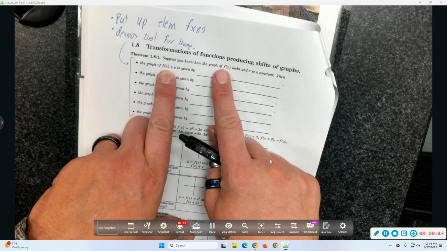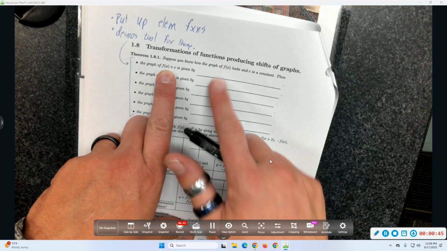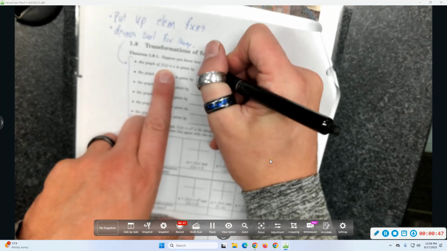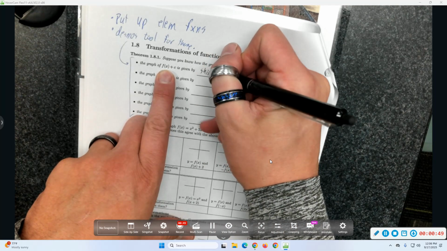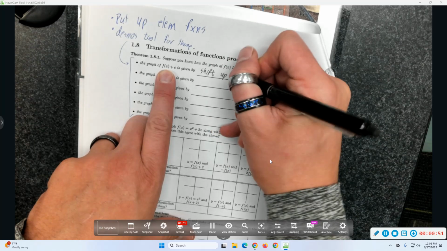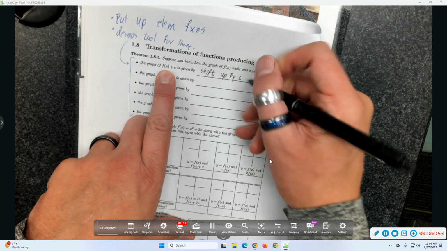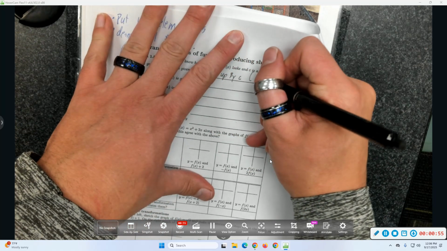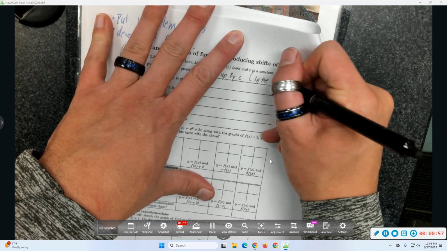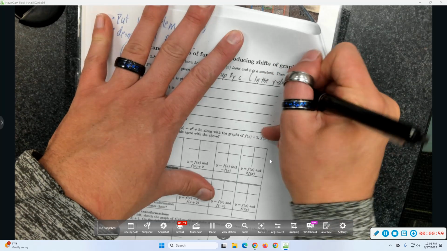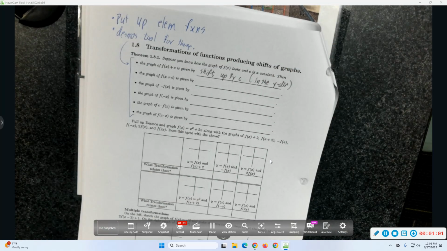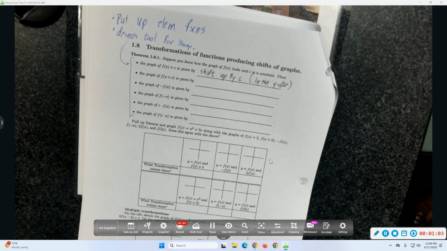It's up c on the y value. Yeah, shift up by c, and maybe I'll add that too, in the y direction, which is, I guess, implied by the word up. Like, y is the vertical component.